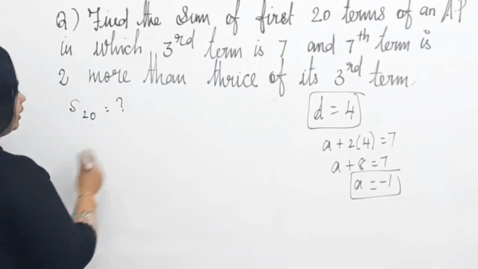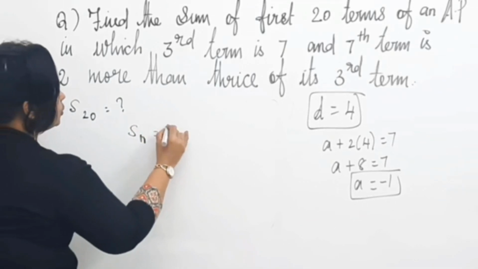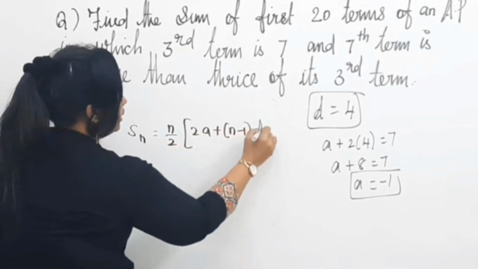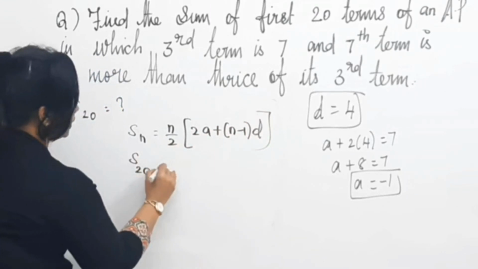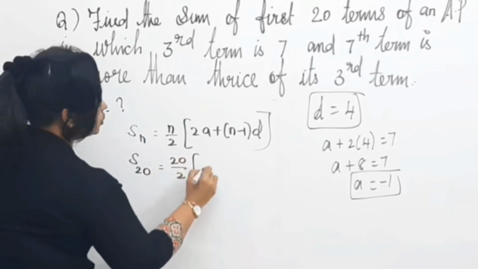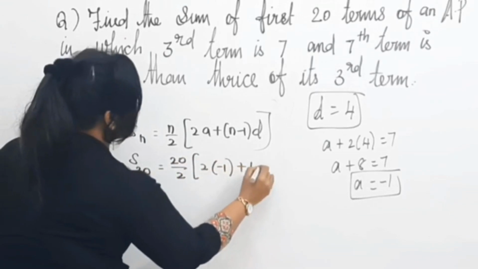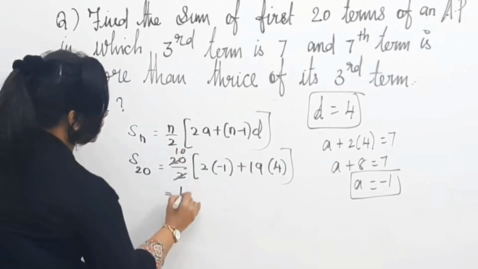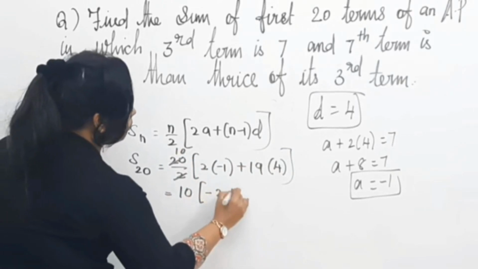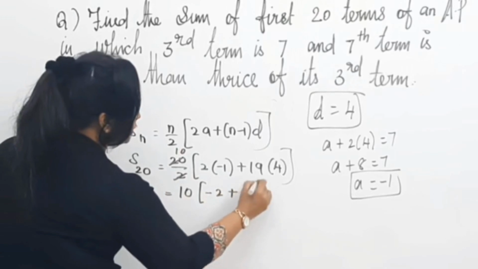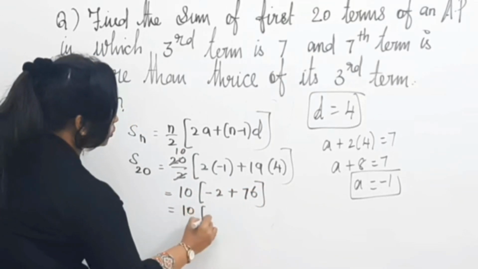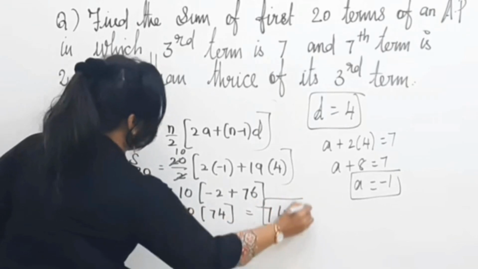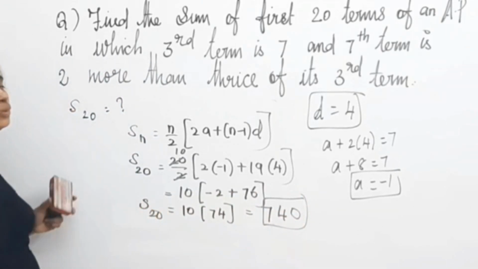So in that S20, Sn is equal to n by 2 into 2A plus n minus 1 into D. So I will have S20 is equal to 20 by 2 into 2 into minus 1 plus 19 into D, D is 4, which is equal to, gets cancelled, 10 into minus 2 plus 76, that is 10 into 74. The answer is just a number, 740. So my S20 is equal to 740.